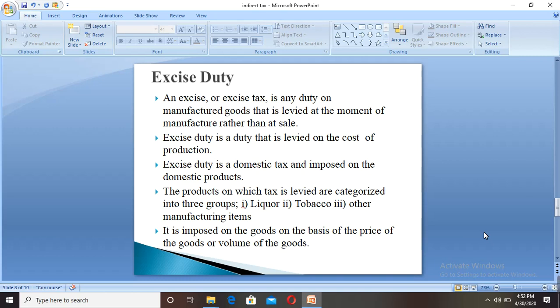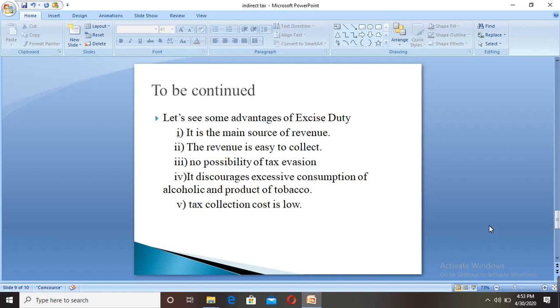So, excise duty is levied by the government on the domestic products, or on the products that are manufactured by a nation. So, let me explain what are the advantages of excise duty.